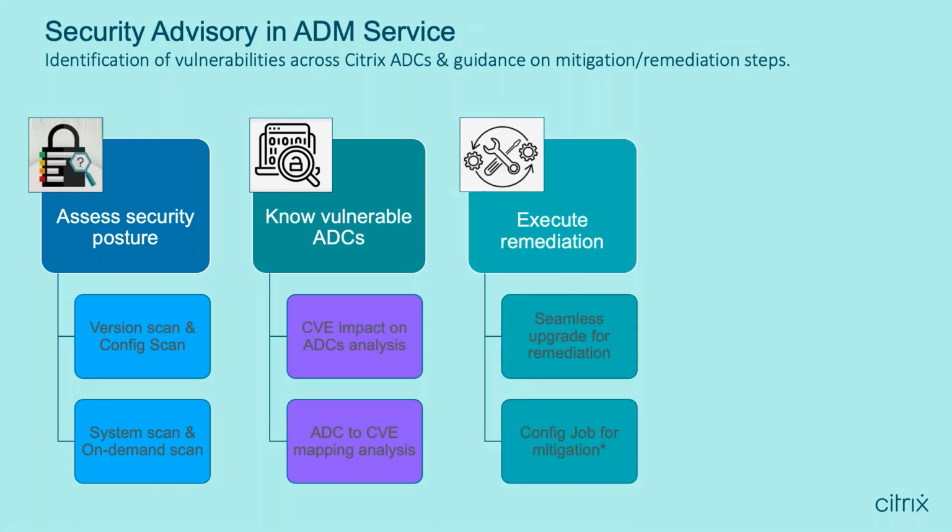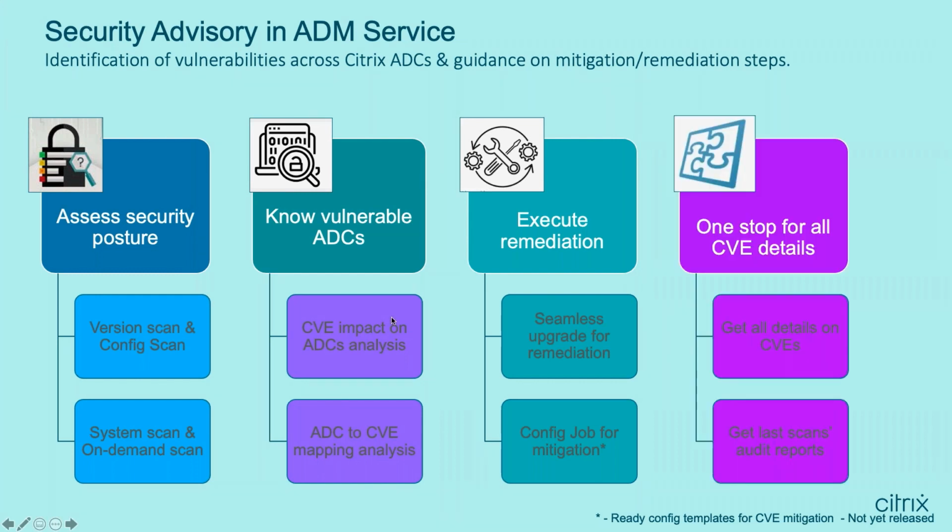ADM service, and specifically the security advisory feature within it, gives you that visibility to know what you're vulnerable to, whether you want to make the config change immediately, or maybe you want to do it when it's more convenient for your business. ADM provides all of that capability within the security advisory panel.